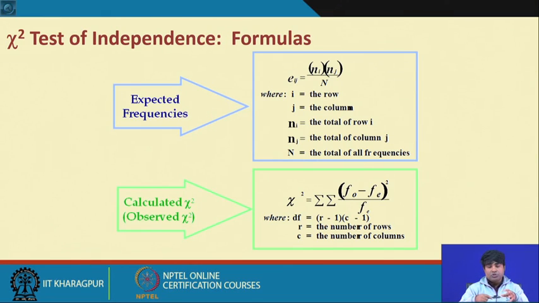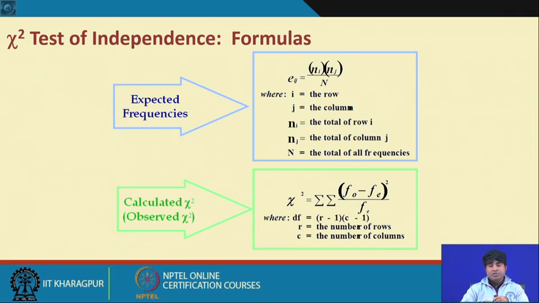It is the row sum times the column sum divided by the combined sum, and that is the expected point. So, n i times n j, where n i is the ith row total and n j is the jth column total. The multiplication of those two components divided by the combined total will give you the expected frequency of that particular sample.